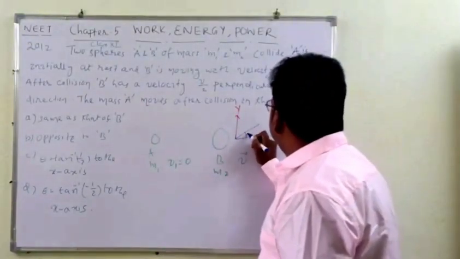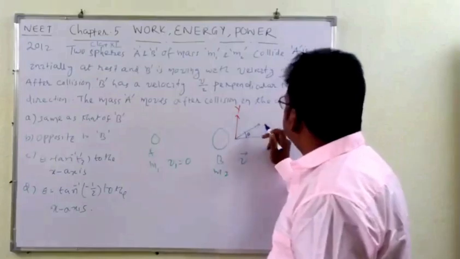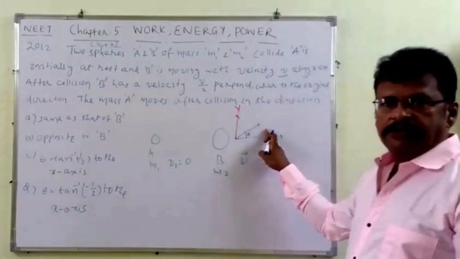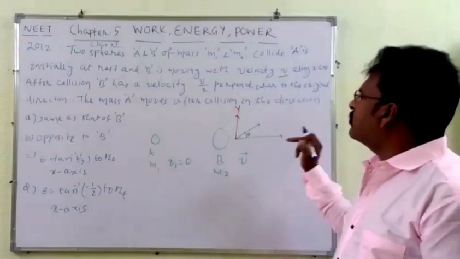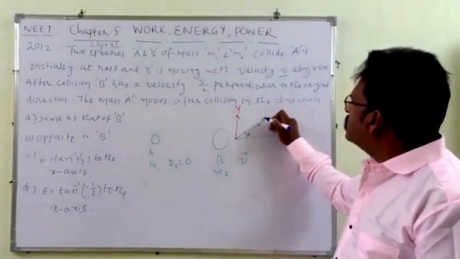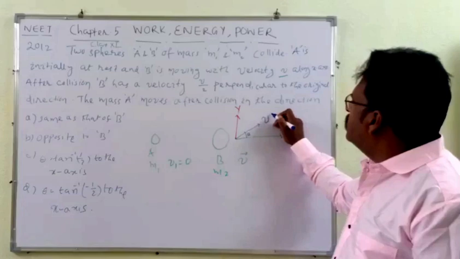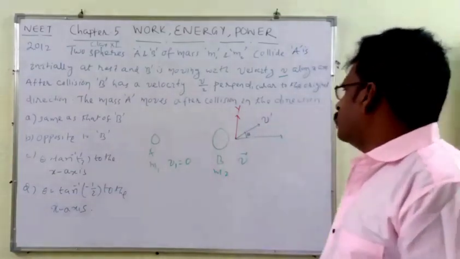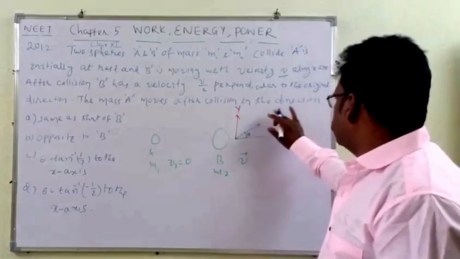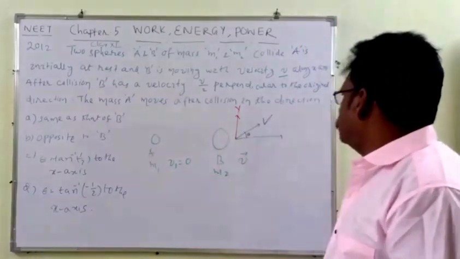Let this be theta, and let this be the velocity of A after collision. Let us denote this by v prime, or we may denote it by capital V.